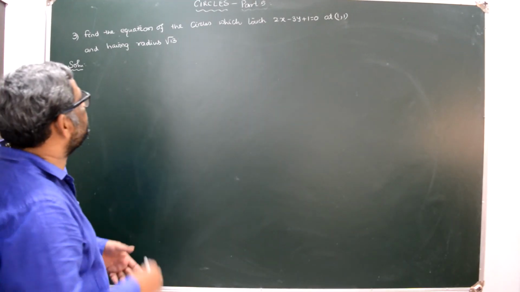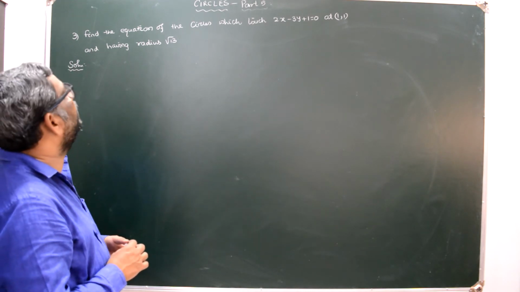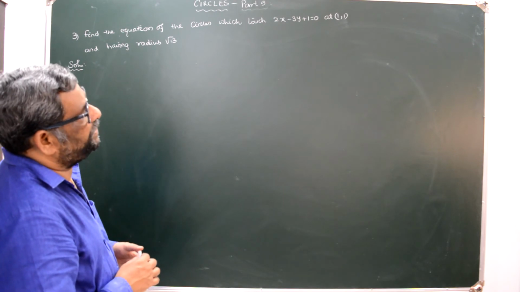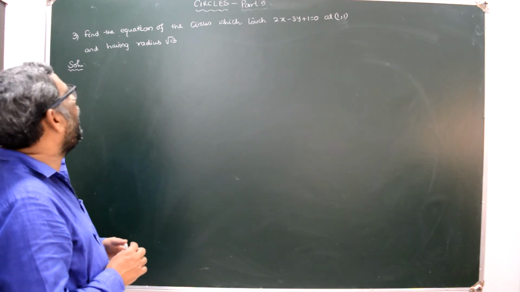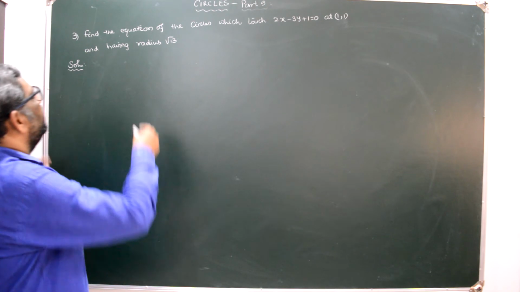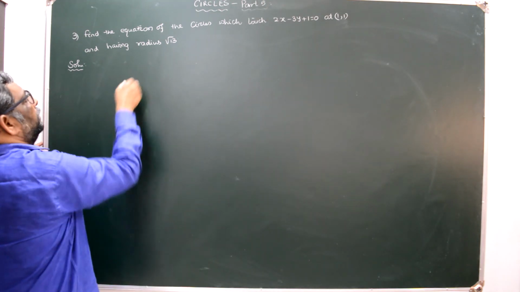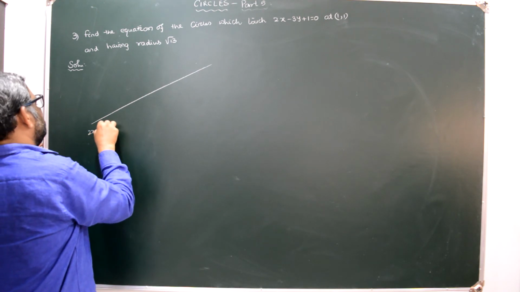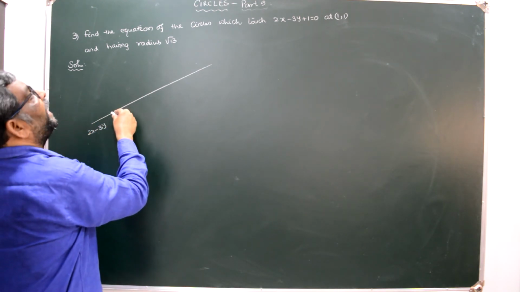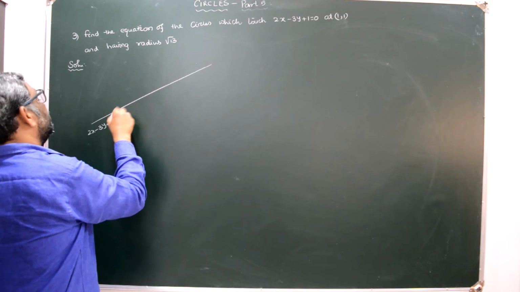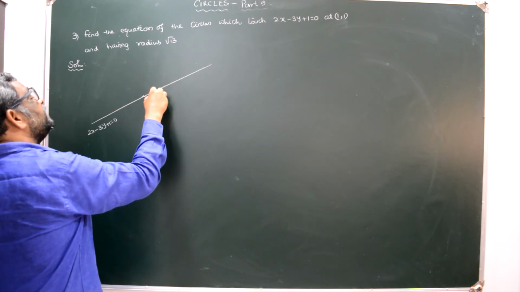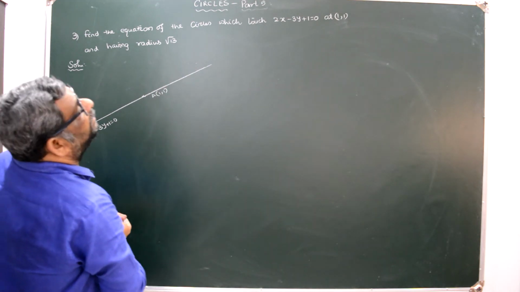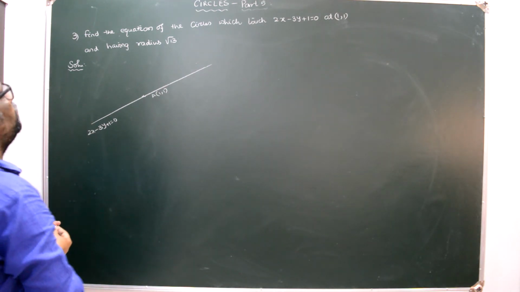The next question is, find the equation of circles which touch 2x minus 3y plus 1 equal to 0 at (1, 1) having radius root 13. I will consider a line. This is 2x minus 3y plus 1 is equal to 0. The required circle is touching this line at (1, 1) and having radius root 13.